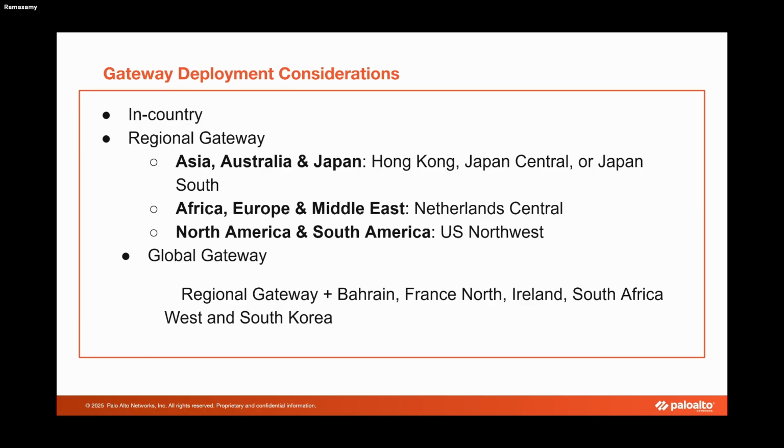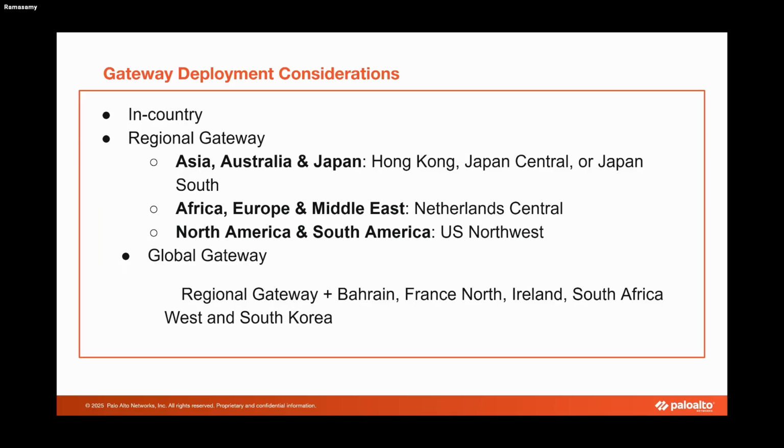If a mobile user connects in a country that has a Prisma Access location, then the user will connect to that location in that country. For example, if you have a user in Singapore and you have a mobile user gateway in Singapore, then the user will connect to that in-country gateway, which is in Singapore itself.